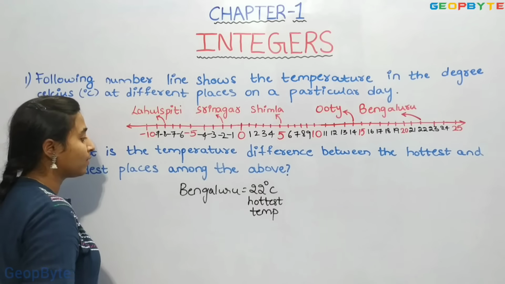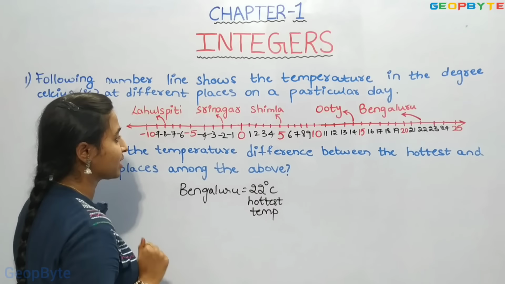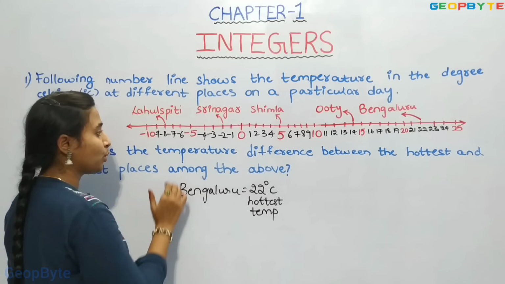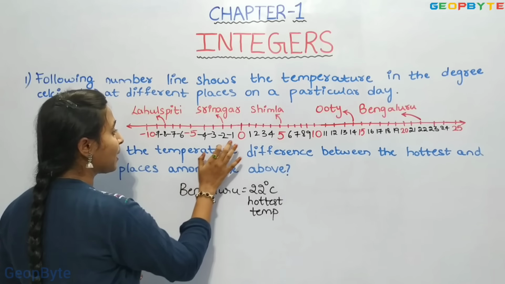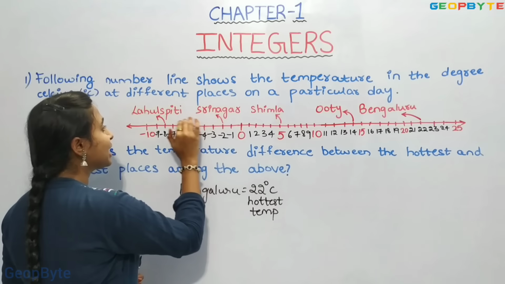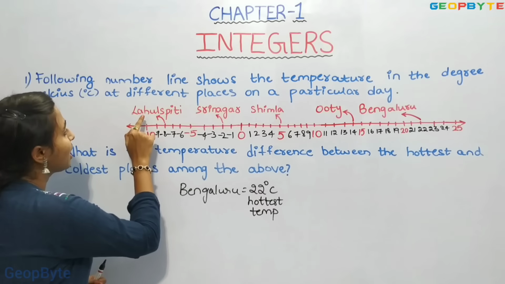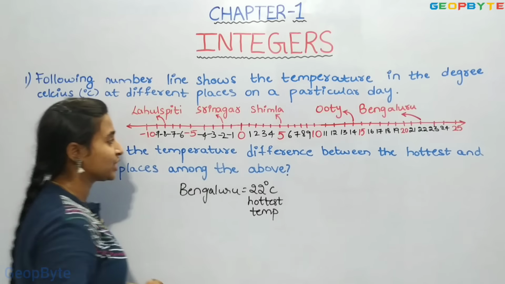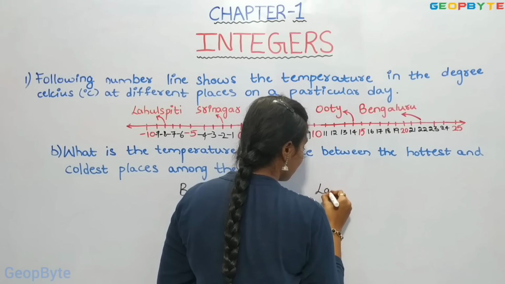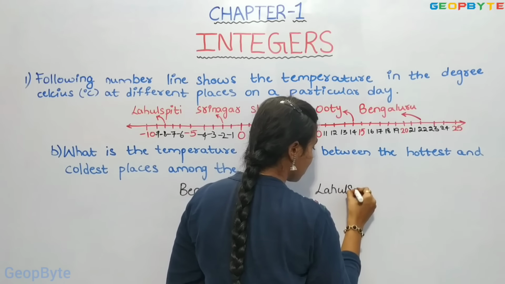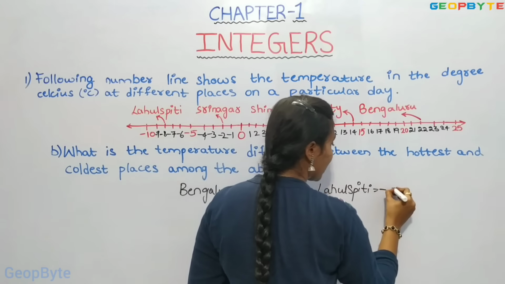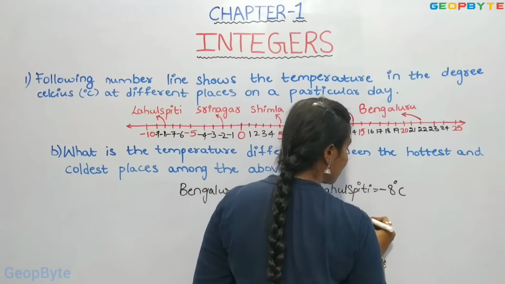Now we have the coldest temperature. Coldest means coming to the left side of 0, the negative numbers. The extreme coldest place is Lahulspiti, at -8 degrees Celsius.